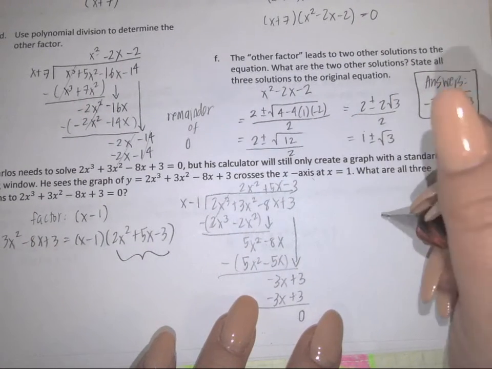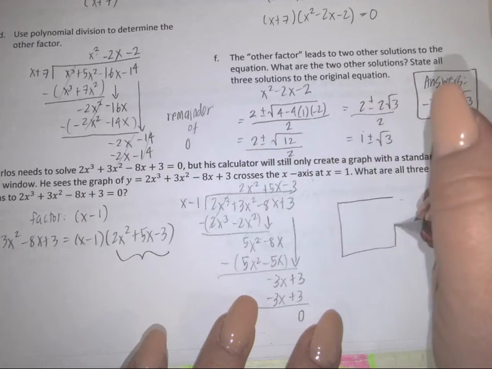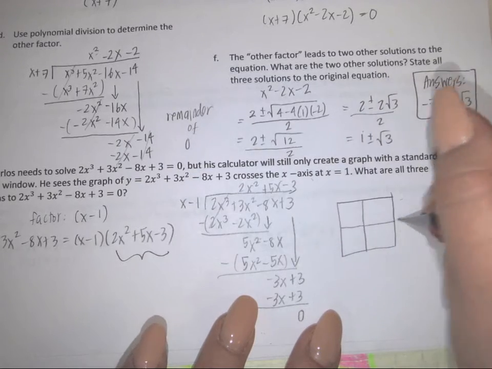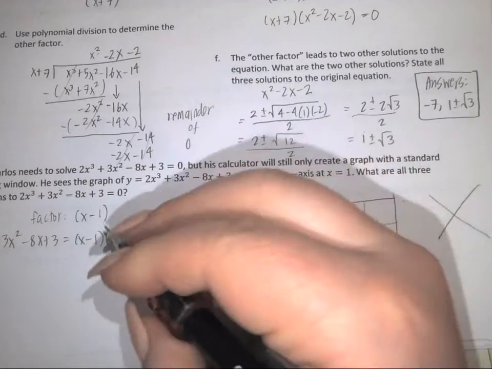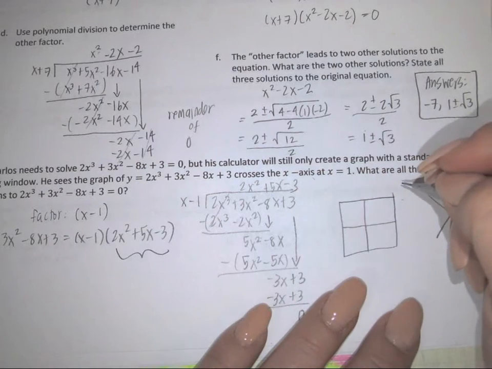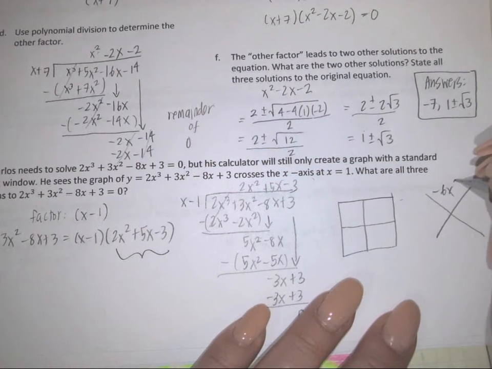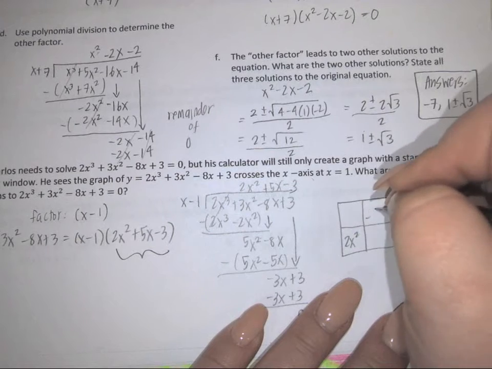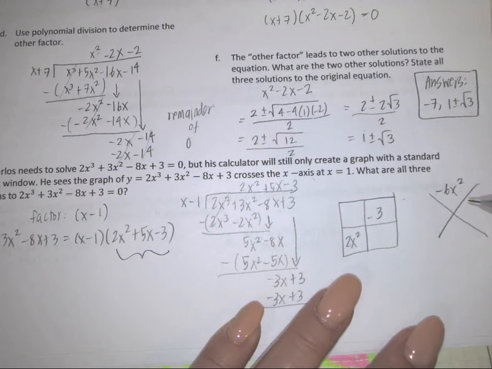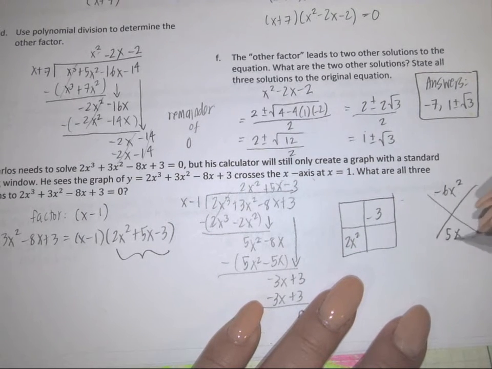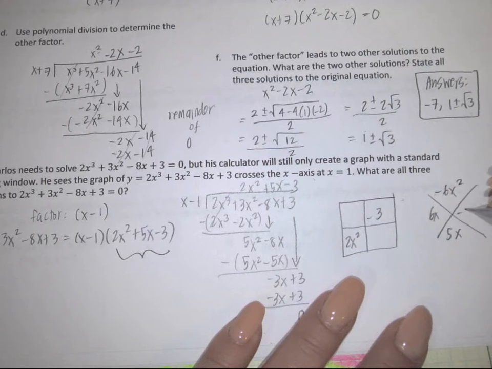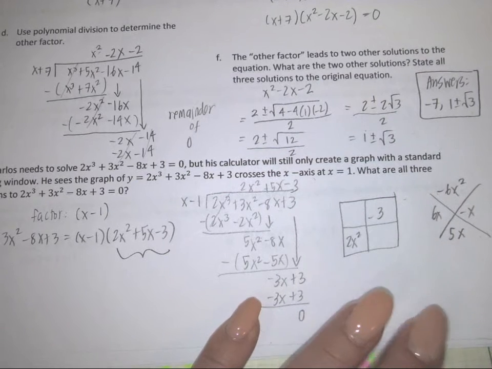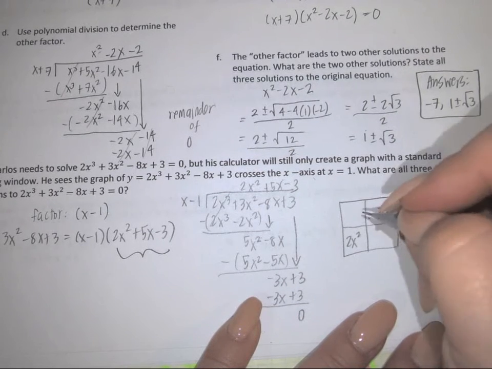So we'll do area model and diamond. So 2 times negative 3, that's negative 6x squared, and then it's 2x squared here, negative 3 here, multiply and put there, and then put the middle term here. And then 6x and negative x multiply to negative 6x squared and add up to 5x.